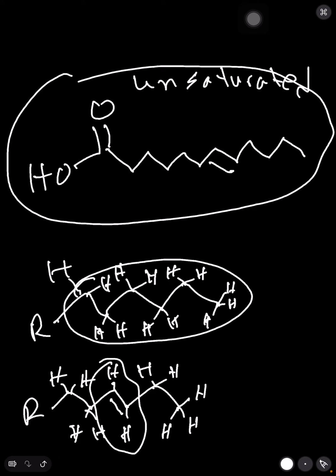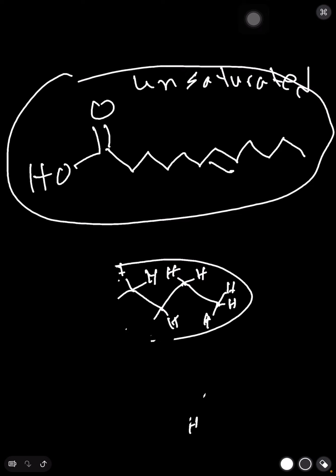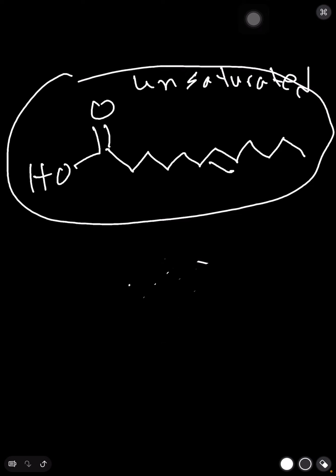All right? Now, things get a little bit more complex with unsaturated. First of all, you can have more than 1 double bond. You can have more than 1 pi bond present.